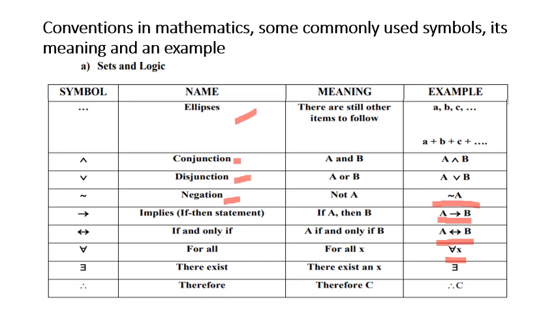You might think it is just an upside-down A, right? It means for all X. Then this, the upside-down E, means there exists an X and so on. Then the three dots forming a triangle mean therefore. So, familiar? Are these symbols being refreshed? I hope so.